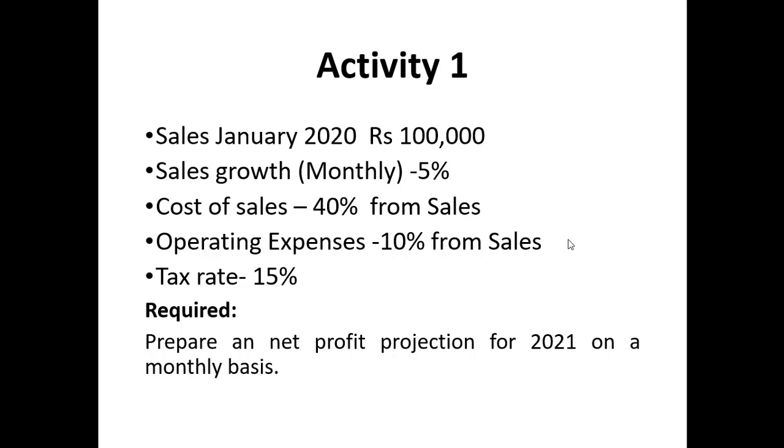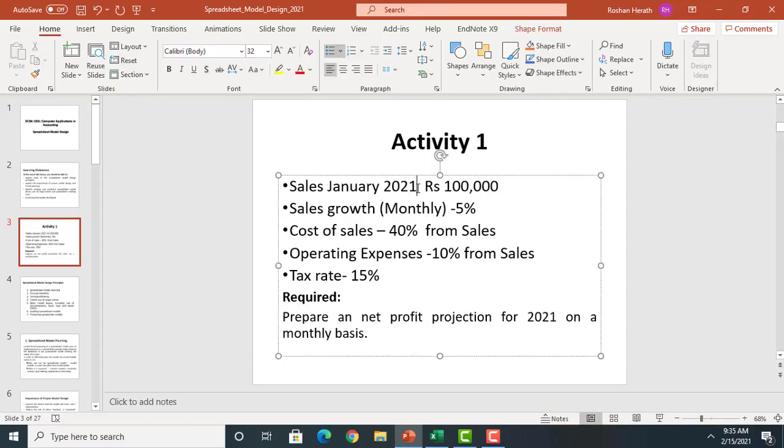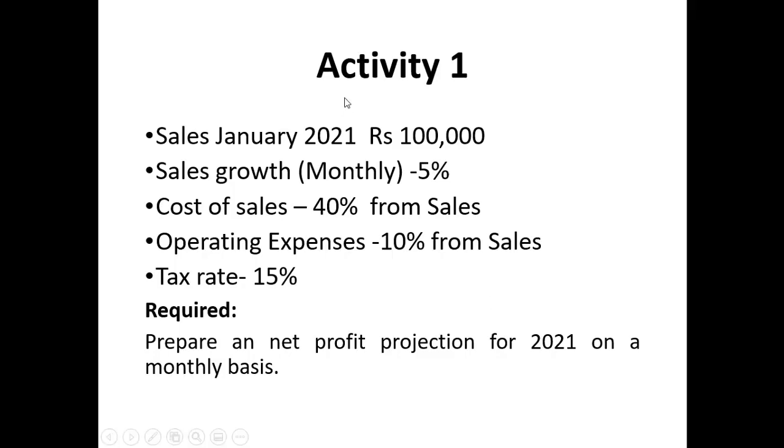You can see here the information is given relating to a particular organization. In that you are given the sales for the month of January 2021. It's a mistake over there. And the sales growth, the monthly sales growth is given.